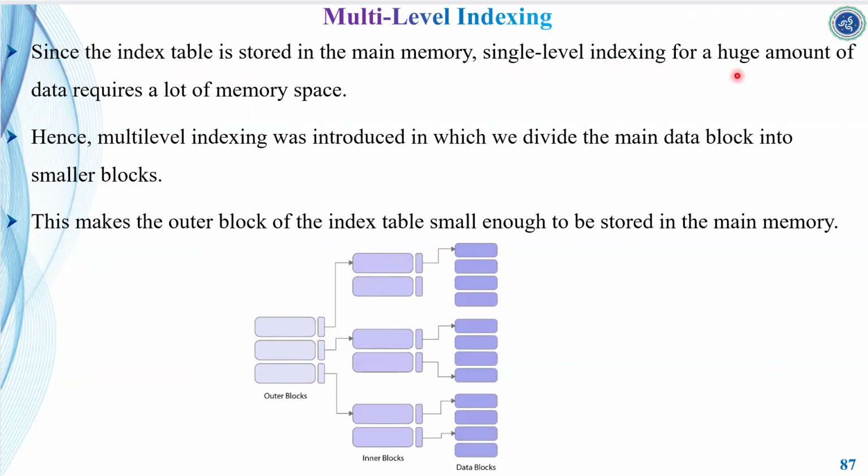Single level indexing would require a huge amount of space, therefore we go for multi-level indexing in order to reduce the space. We can divide the main data block into smaller units, and therefore the number of disk accesses required also comes down to a very small number.